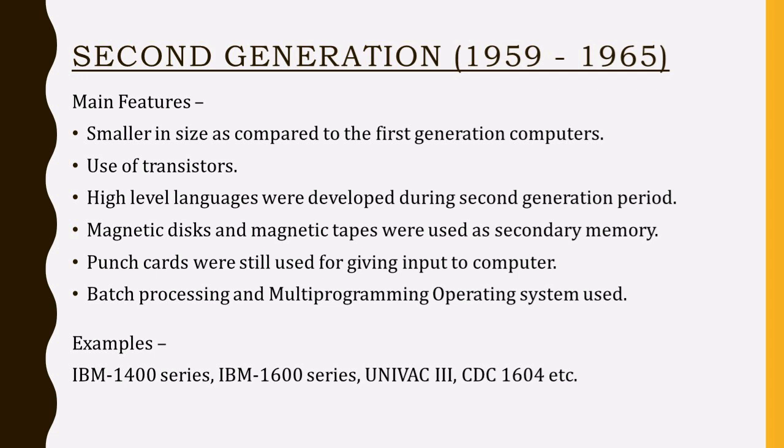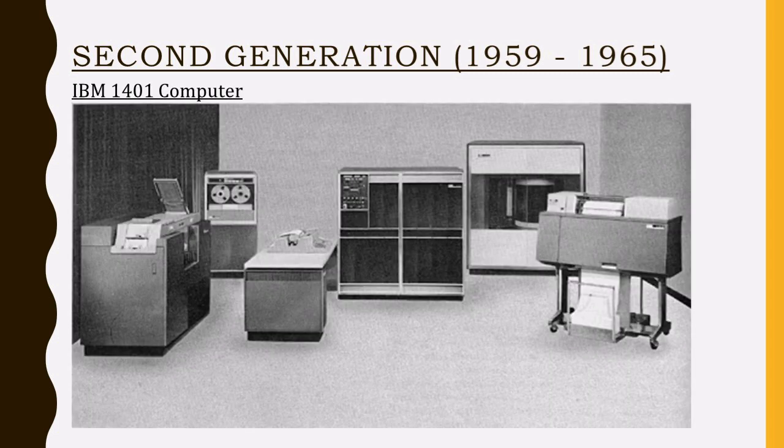Punch cards were still used for giving input to the computers. Here, batch processing and multi-programming operating systems are used. Examples of second generation computers are IBM 1400 series, IBM 1600 series, UNIVAC 3, CDC 1604, etc.